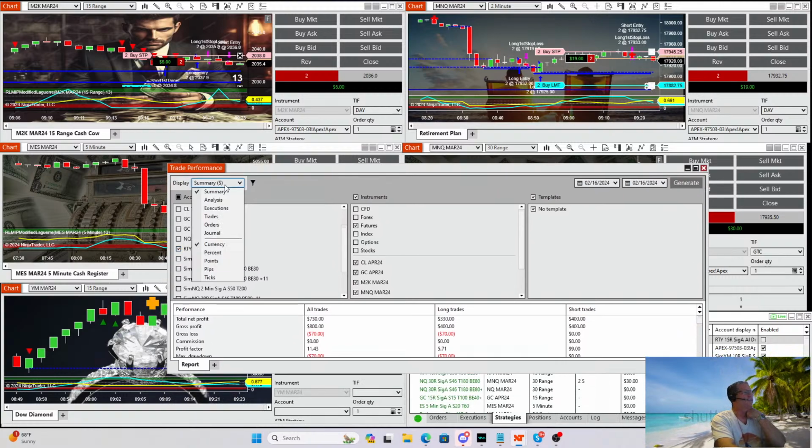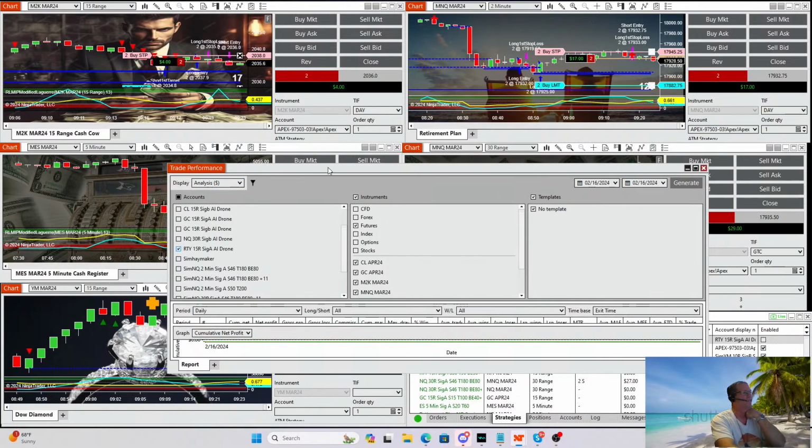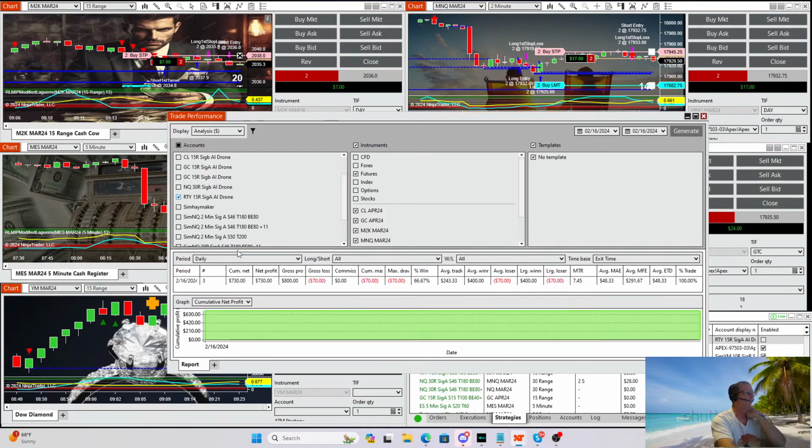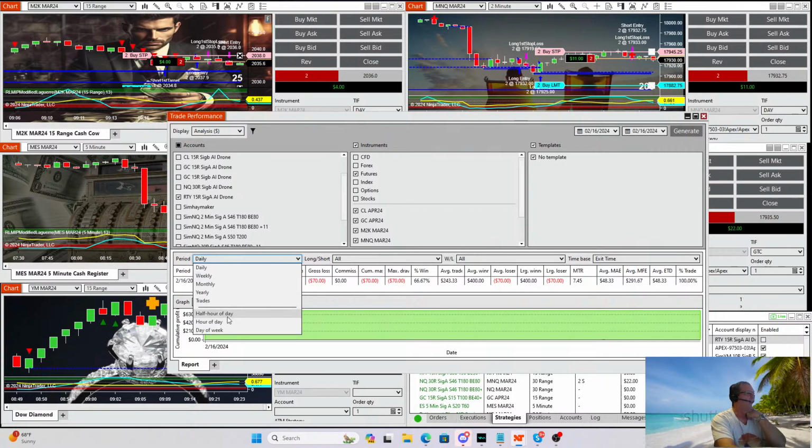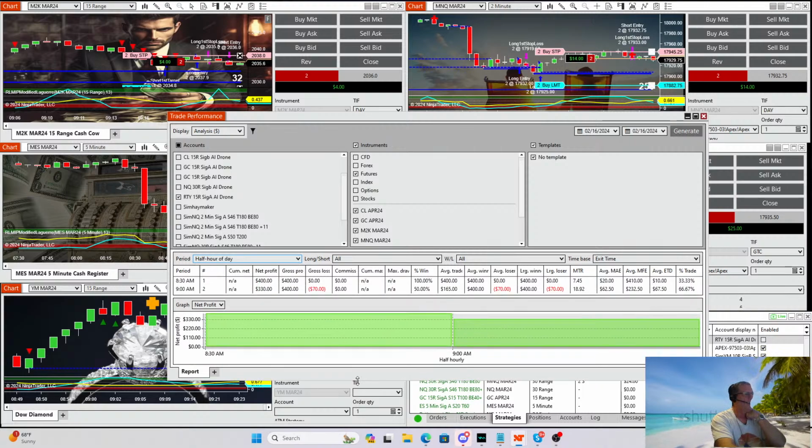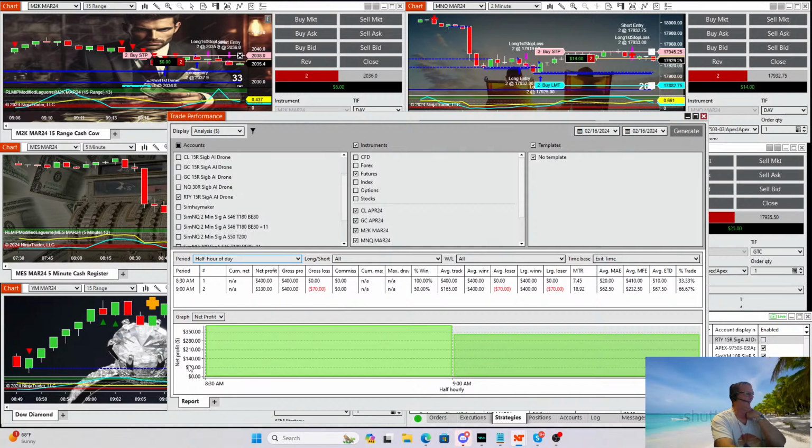And what I can do is look at an analysis of this, and I can break it down by the half hour of the day. And I can see between 8:30 and 9 these two huge green bars, each signifying a half hour of the day.